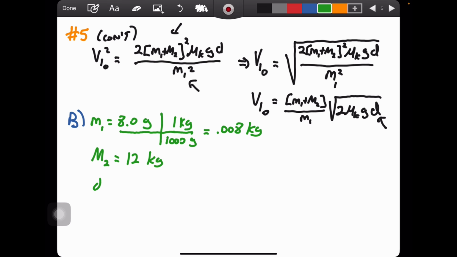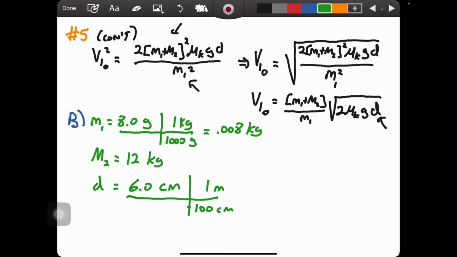We are told that the distance that the bullet block combo slides before it comes to a stop is equal to 6.0 centimeters. So we've got to convert this as well. To convert this, I know that if you've got 100 centimeters, you have 1 meter.